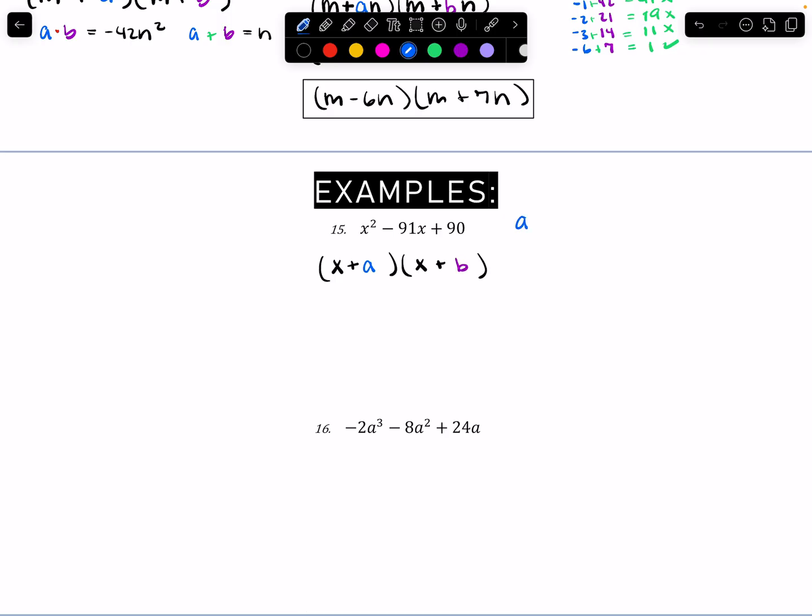We want those two numbers multiplied to give us 90, and we want those two numbers added to give us a negative 91. Multiply to give us a positive, add to give us a negative means they both have to be negative. So our options are -1 and -90, and I'm going to stop right there because if we add those together, we immediately get what we want. So this will factor into x minus 1 times x minus 90.